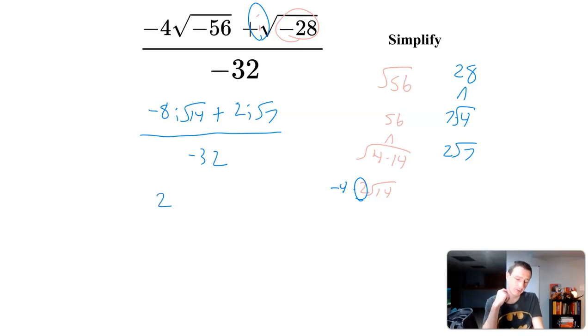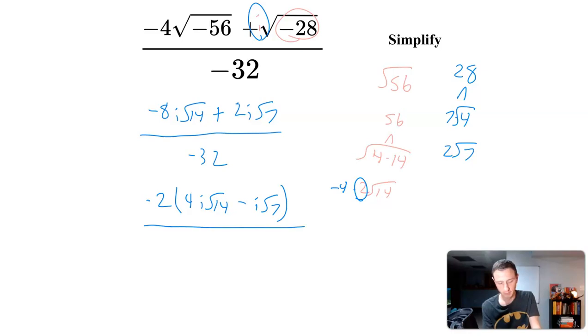We also want to factor out a negative, because we have that leading negative on the bottom. So I'm going to take out a negative, which makes this positive 4i root 14, because 8 divided by 2 is 4 and I took out the negative, so it becomes positive. Then over here, this was positive, so it's going to become negative. And then I'm left with the i root 7 all over -32.